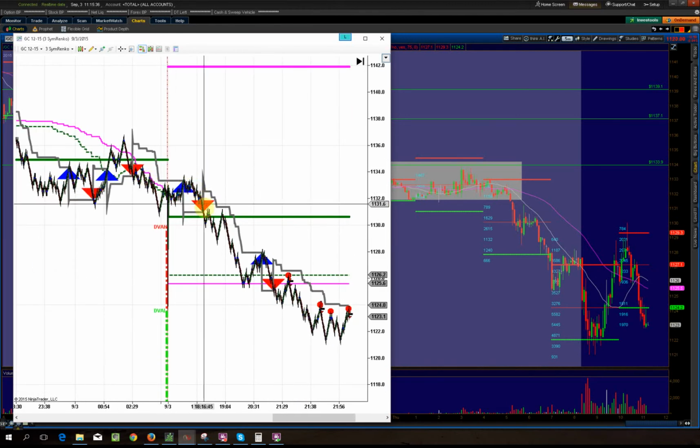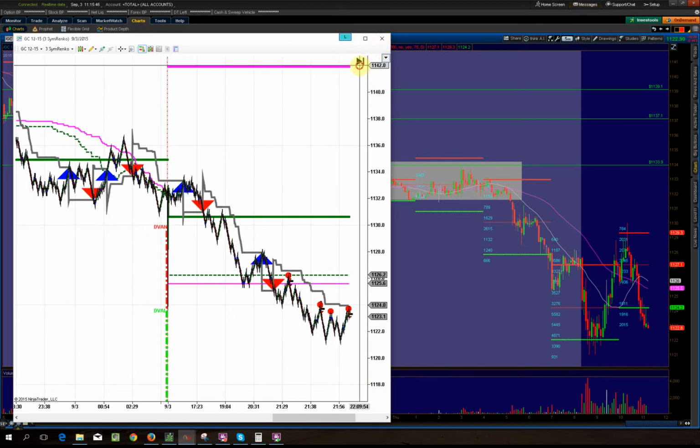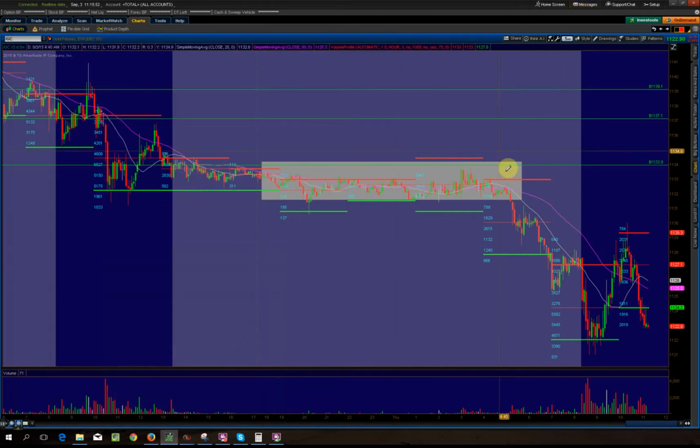Finally broke out to the downside, and then we came back up and retested this. There was a sell signal right here, and then it just dropped after that. But unfortunately it's not showing on my chart here. Okay, well, you get the picture on the Thinkorswim chart, and you have the value areas below and above here.